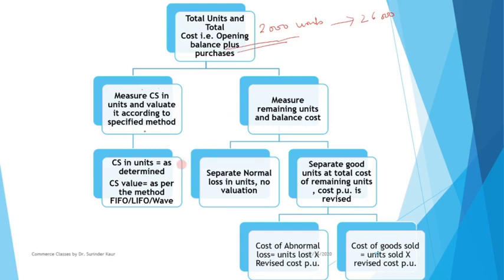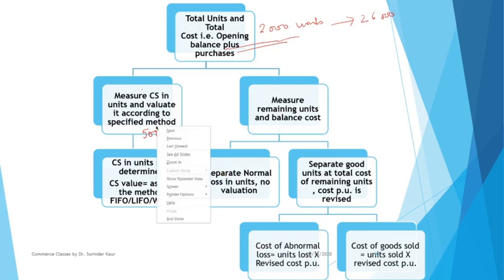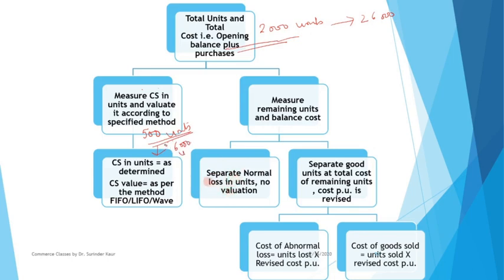So your closing stock was say 500 units. The cost of these 500 units which are in the closing balance will be separated out. So suppose this cost is 6,000 rupees.